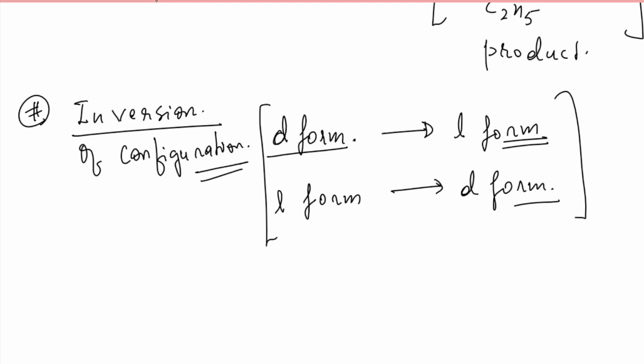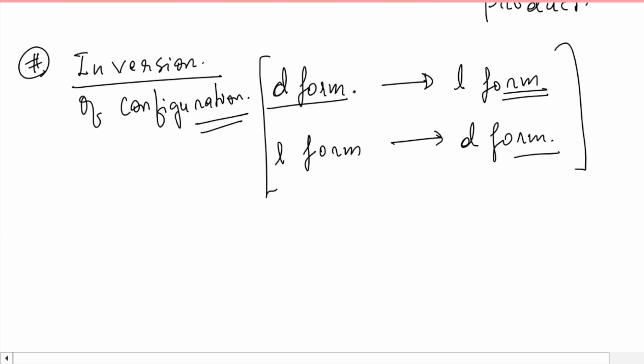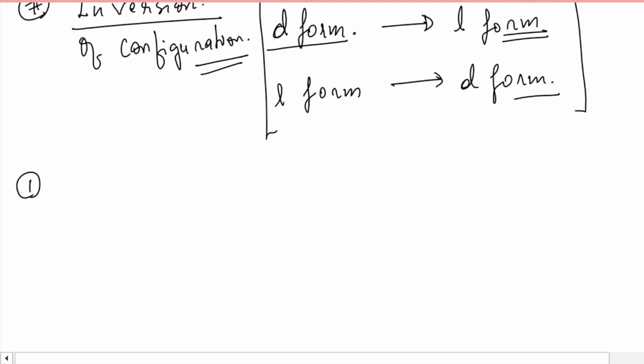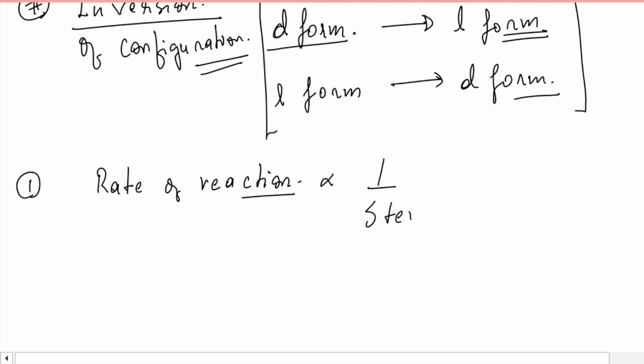So that's something which is known as inversion. Now, regarding the SN2 reaction, first thing we have to mention is that the rate of reaction is inversely proportional to steric hindrance.